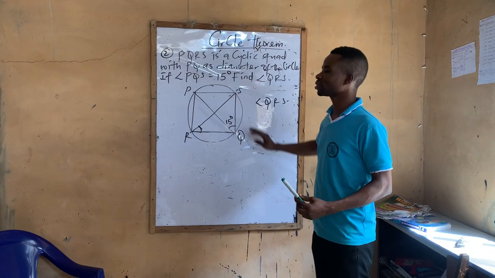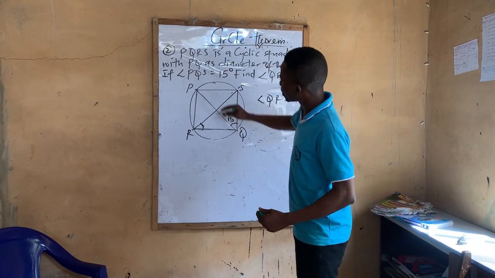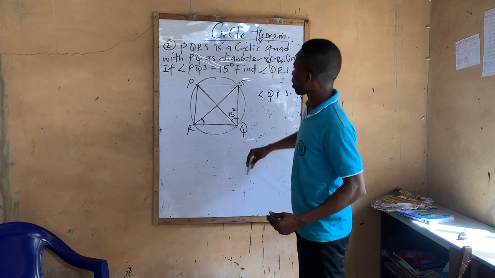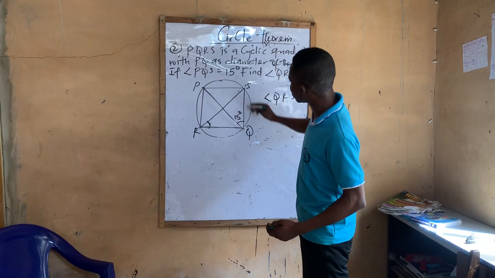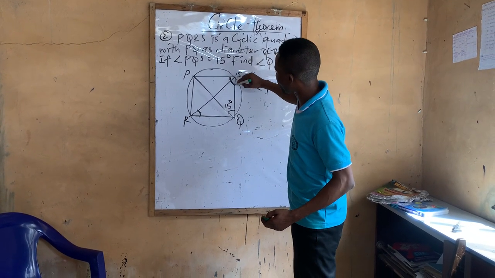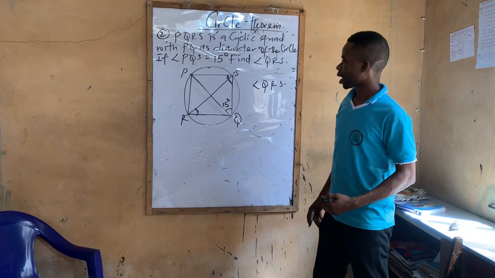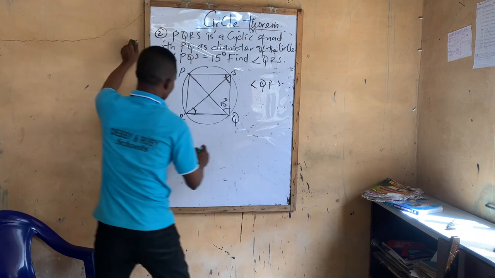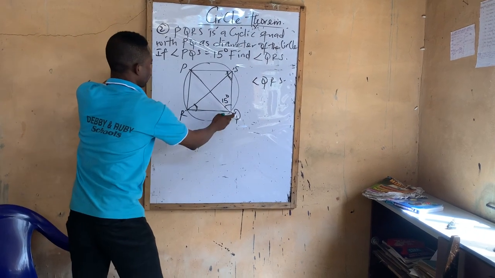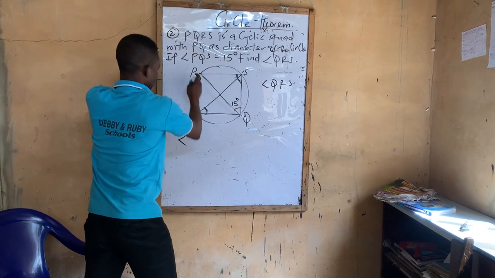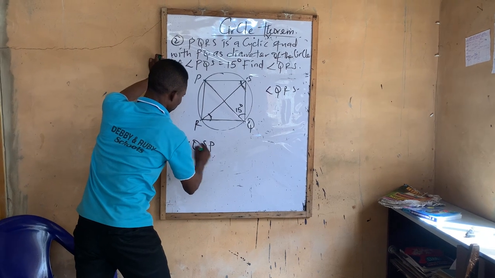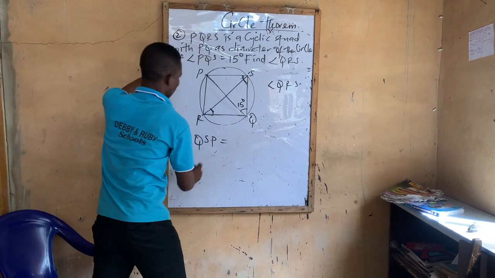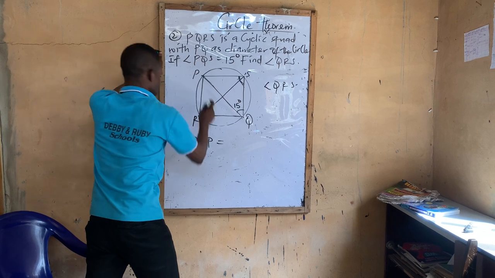If you take a look at this diagram, this line is a diameter. According to the theorem stated, this angle here will automatically be 90 degrees, and this angle here also will be 90 degrees. That means angle QSP equals angle QRP.